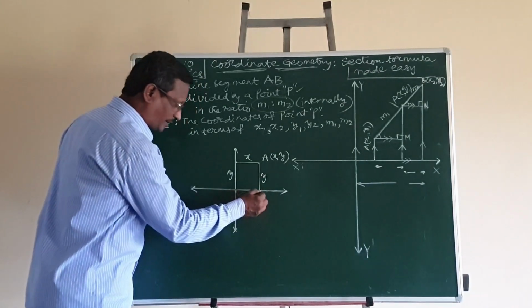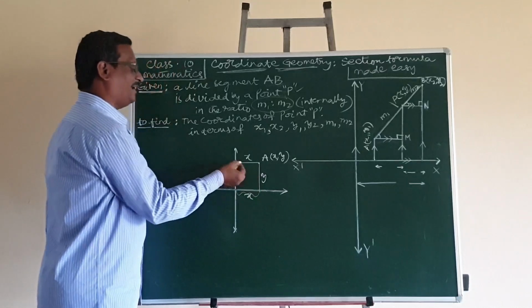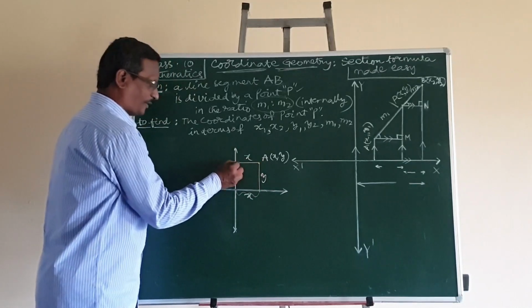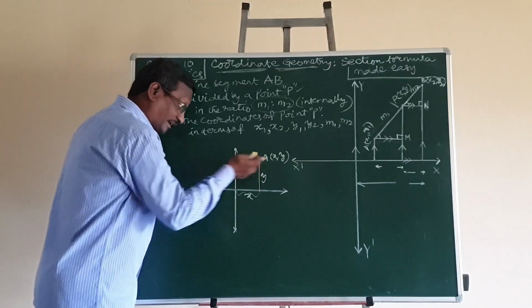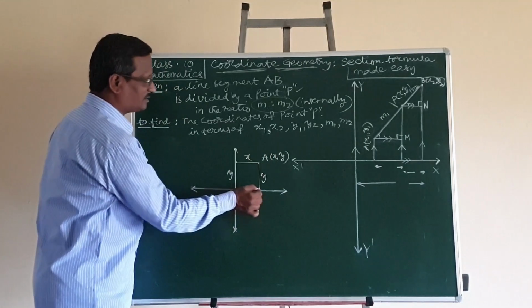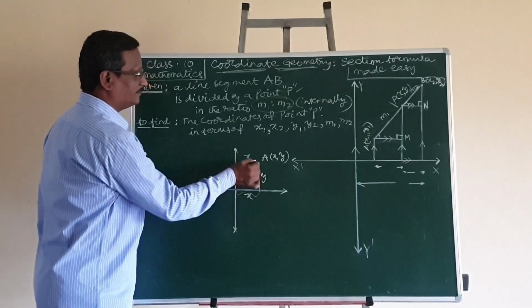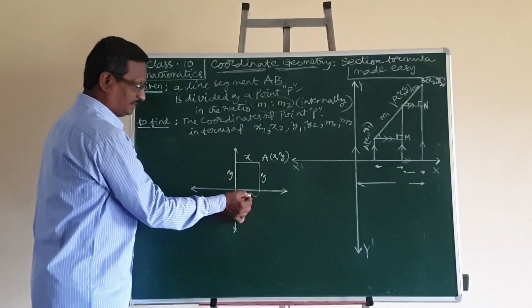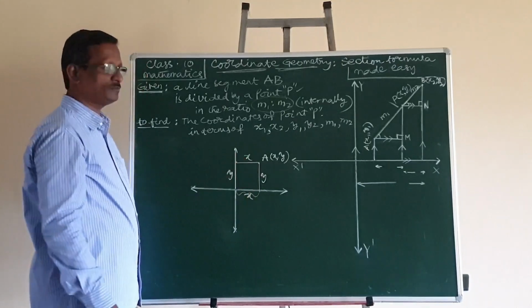Whether it is from the origin or from any point on the y-axis, the perpendicular distance from the y-axis in the direction of the x-axis is x units. Of course, this quadrilateral is a rectangle. Opposite sides of a rectangle are equal. This is x, this is also x.